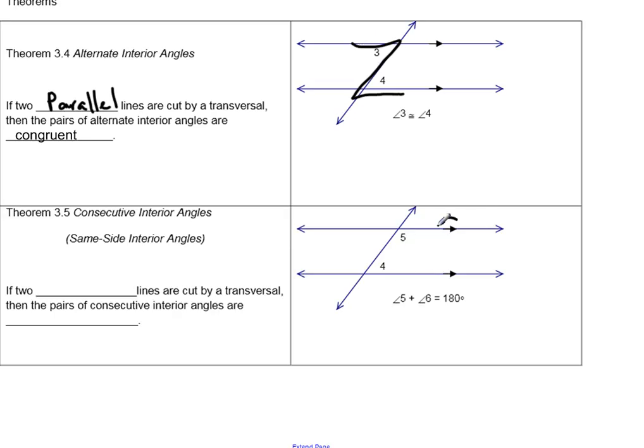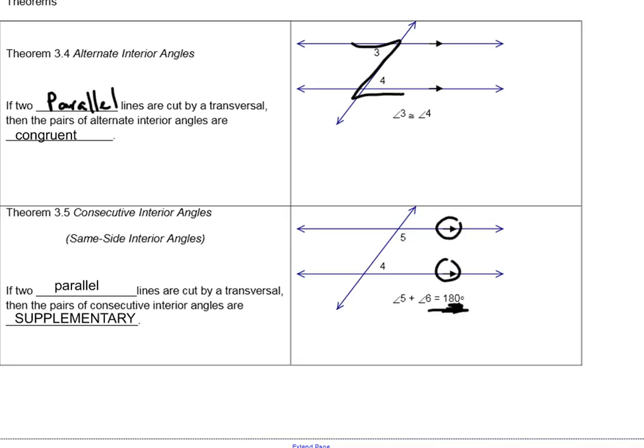This one says that if consecutive interior angles are formed by two parallel lines, then they are not congruent, they're supplementary. And if you're trying to set the consecutive interior angles equal to each other, just highlight them and then imagine if you pull them apart.